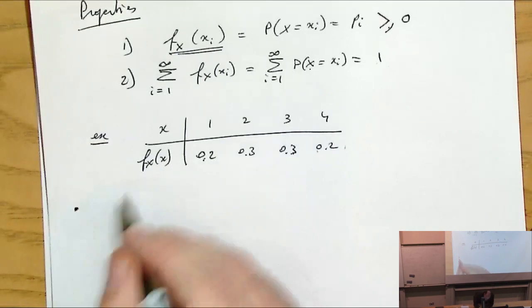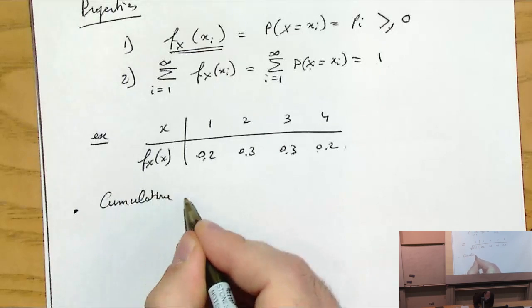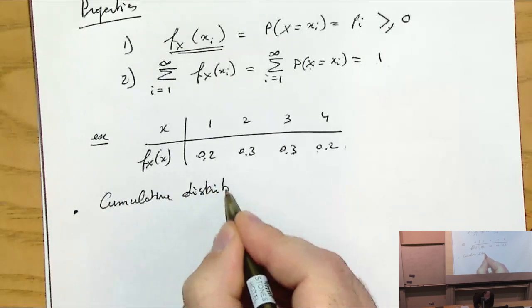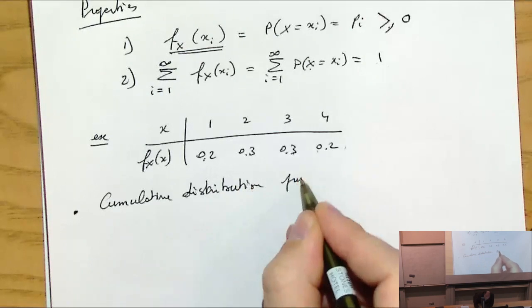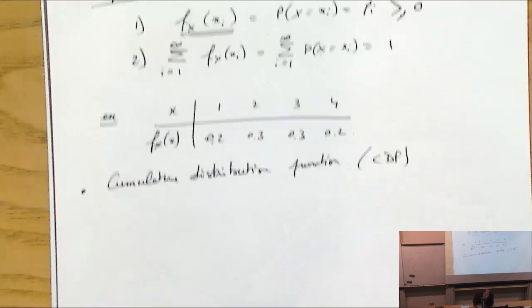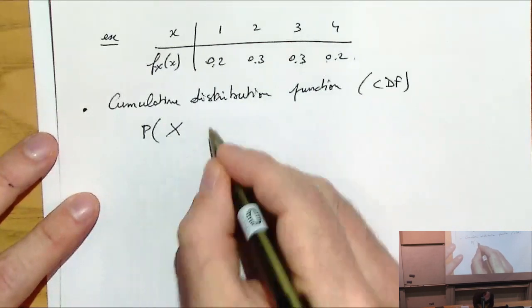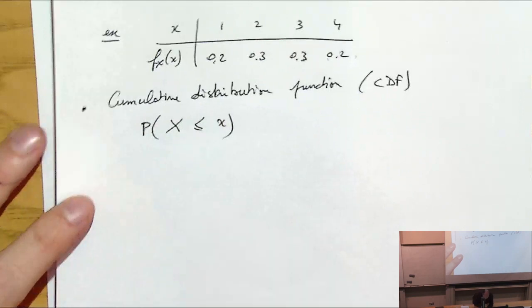A second important notion is the cumulative distribution function, or simply CDF. What we are looking at here is the probability of x being smaller or equal to a certain value x.